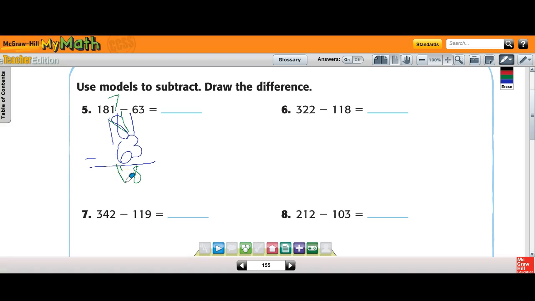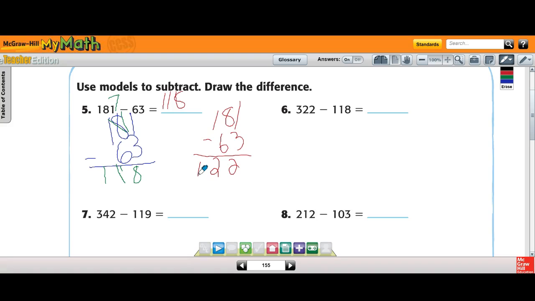And 1 minus 0 is 1. Perfect. So you should have, what's the answer again? 118. A lot of you guys just did this. That's what you did.